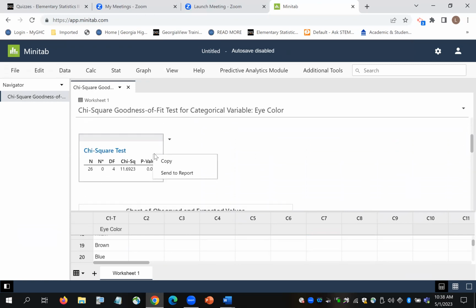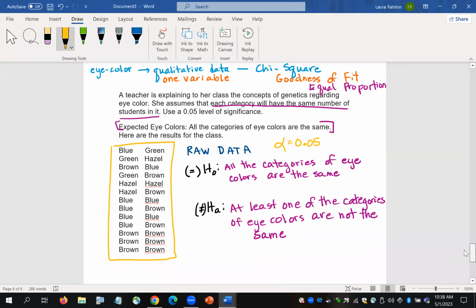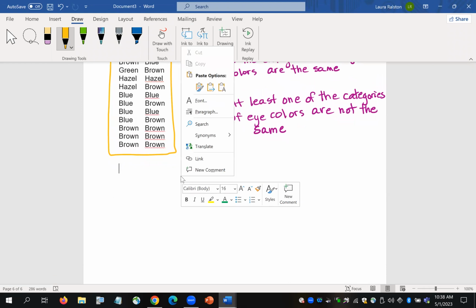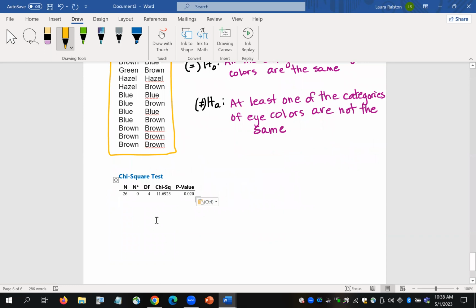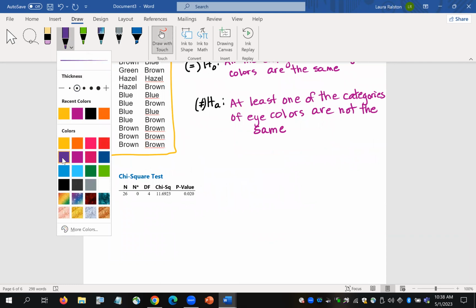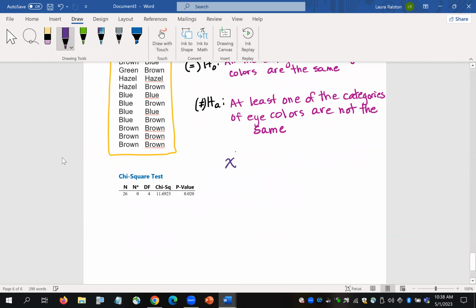It gives me the chi-square test statistic and the p-value. So I get a chi-square test statistic of 11.6923, and my p-value is 0.020.